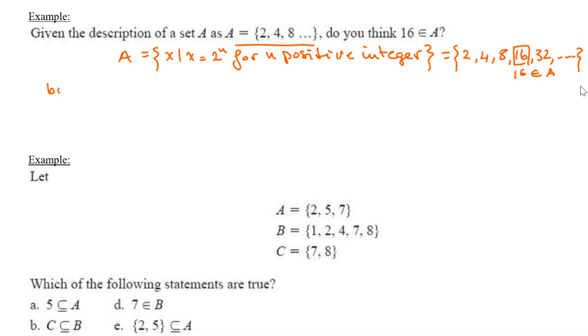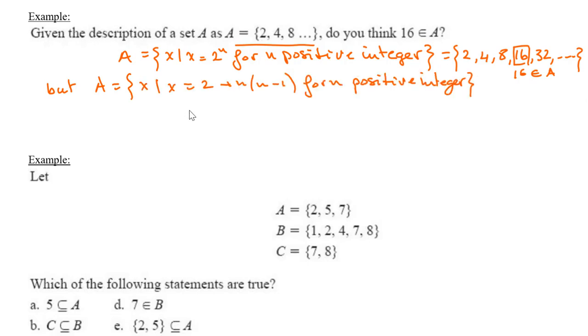But the set A can be maybe the description of the following, where x equals 2 plus n times (n minus 1), for n a positive integer. So if n is 1, I get 1 minus 1, 0, so I get 2.